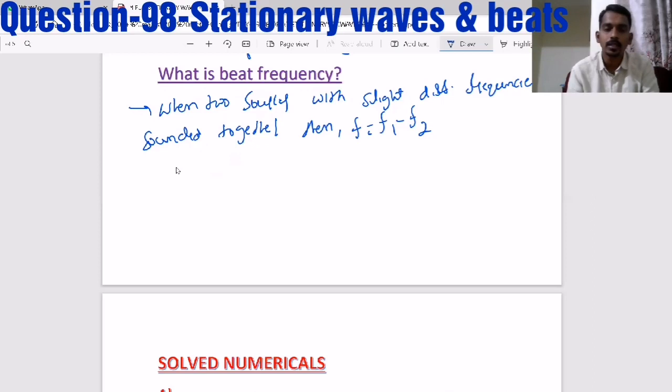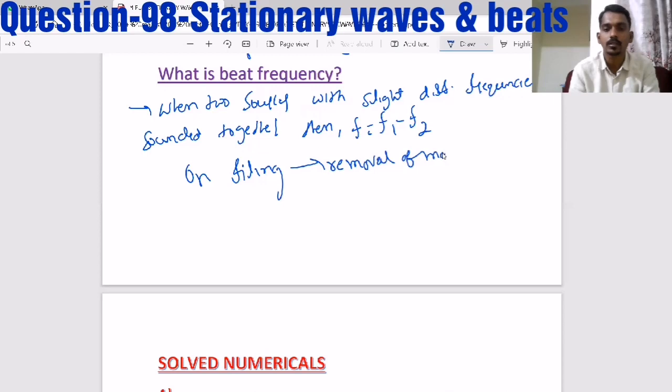And here sometimes they will give the condition like on filing or loading. Filing a tuning fork means you will remove mass. Removal of mass causes a decrease in moment of inertia. That causes an increase in frequency.